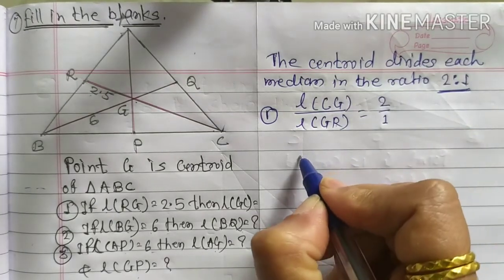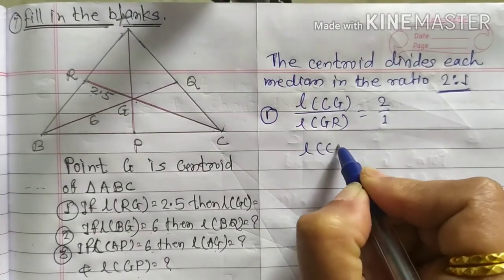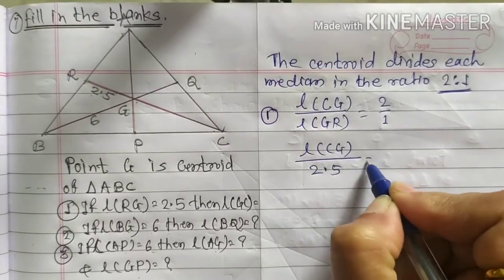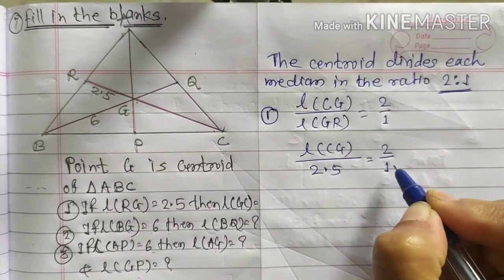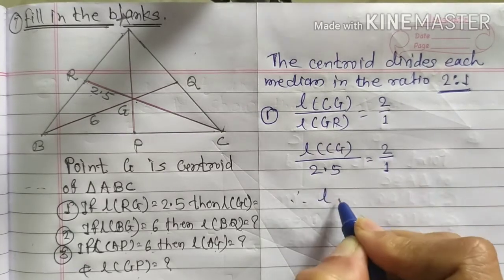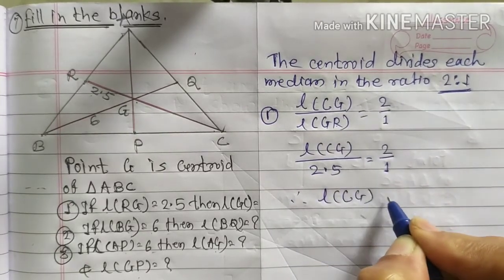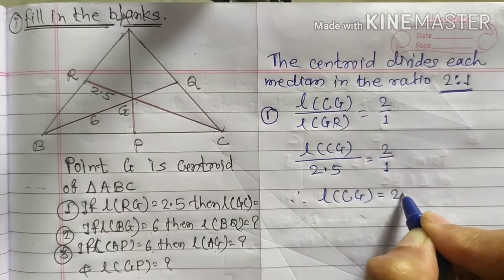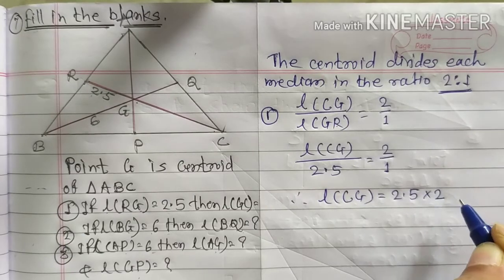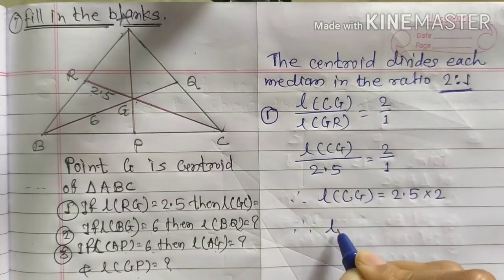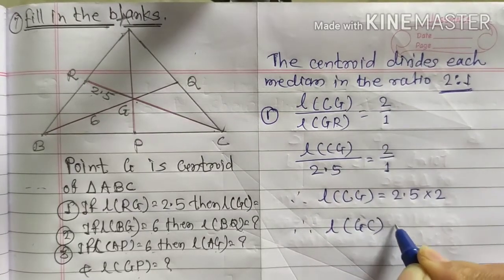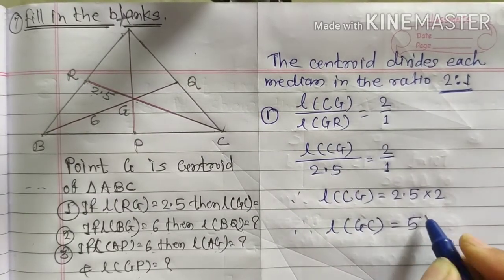Hence, length CG divided by the given 2.5 is equal to 2 divided by 1, that is the ratio. Hence, length CG is equal to 2.5 into 2, that is, length CG or GC is equal to 5.